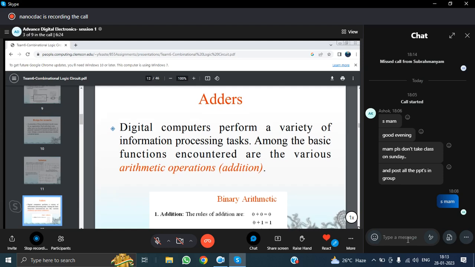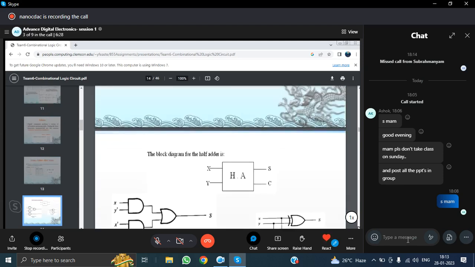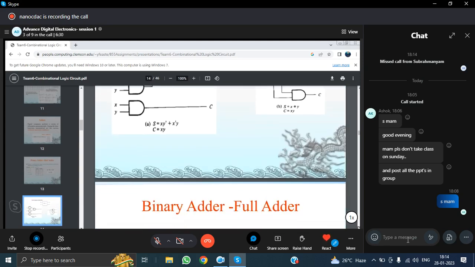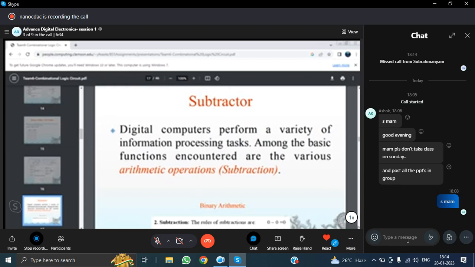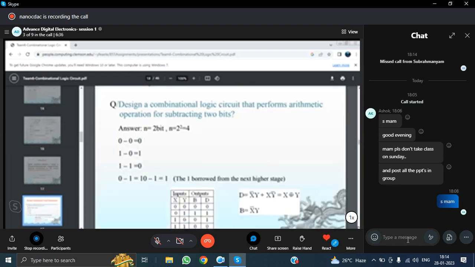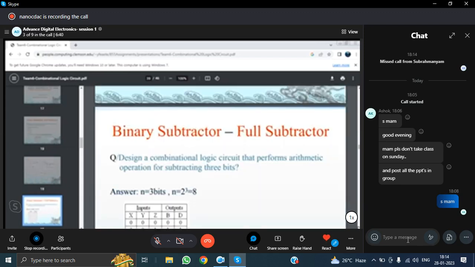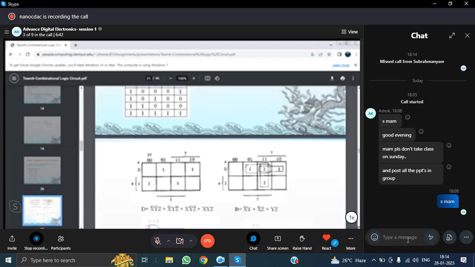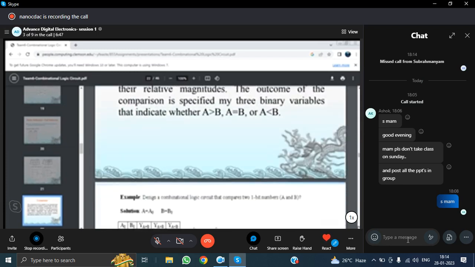We have seen all these already. Adder also we have seen, binary half adder and full adder also. Subtractor also we saw last class, designing the binary subtractor and full subtractor. Comparator also we have seen.